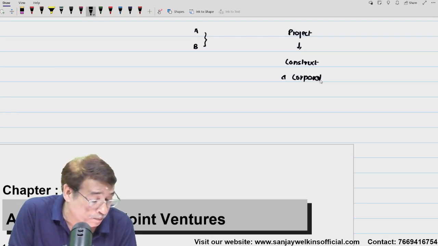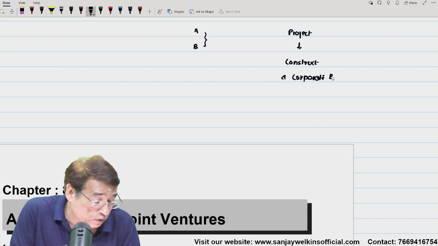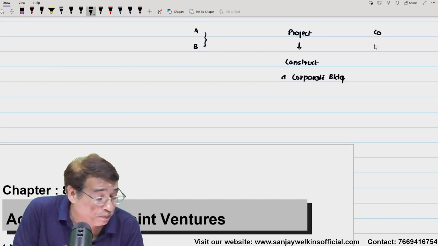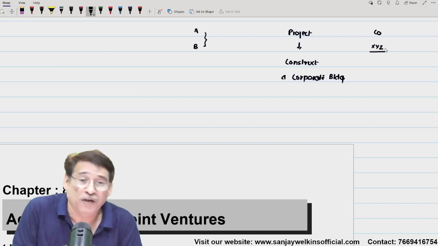A corporate building, and let us say they are going to construct this corporate building for company XYZ Limited. Is it clear to you or not?